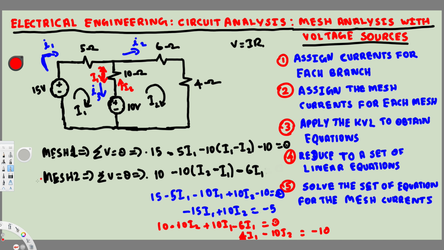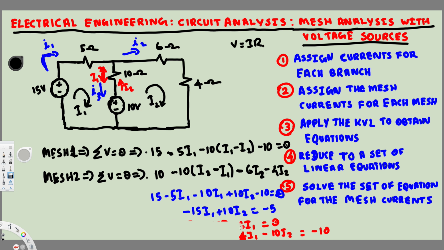Since this current is moving along this direction, this is also going to be a negative 4, because along this path that's going to be a 4 I2 right here. And this is also 6 I2, because we don't have I1 right here. I1 only comes here, so this is 6 I2, so that's going to change everything.